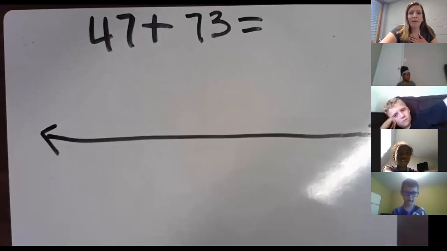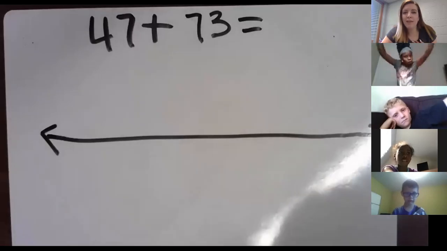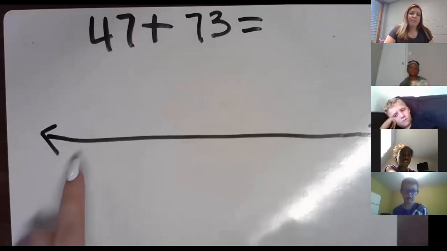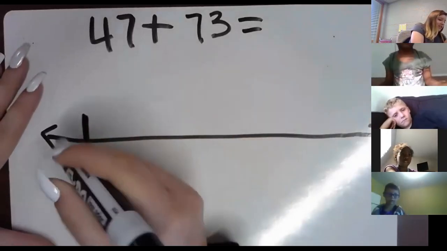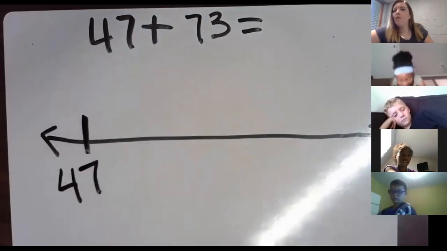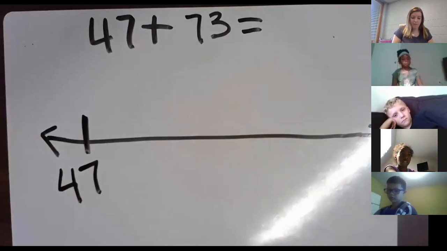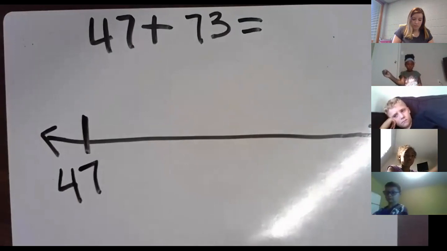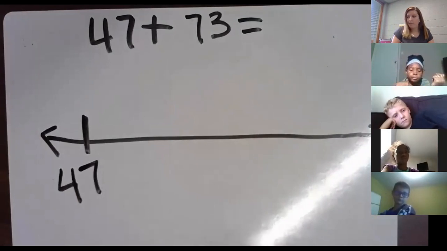I could put it in the middle, but because 47 is the number I'm going to start with, I'm going to put it on the left. So since I want to start with 47, I'm going to put it over here on the left. And then I'm going to go ahead and add.